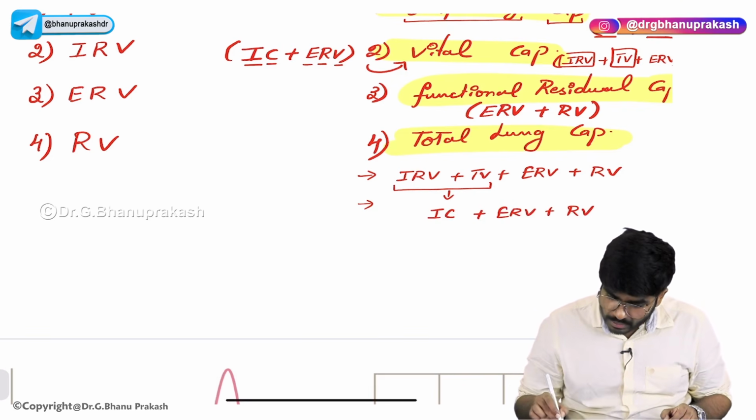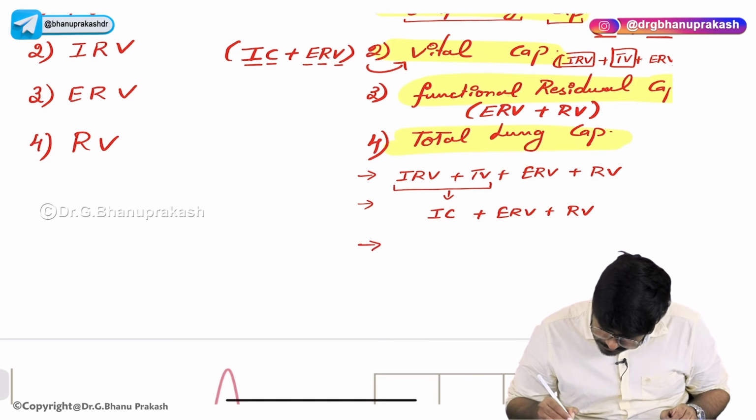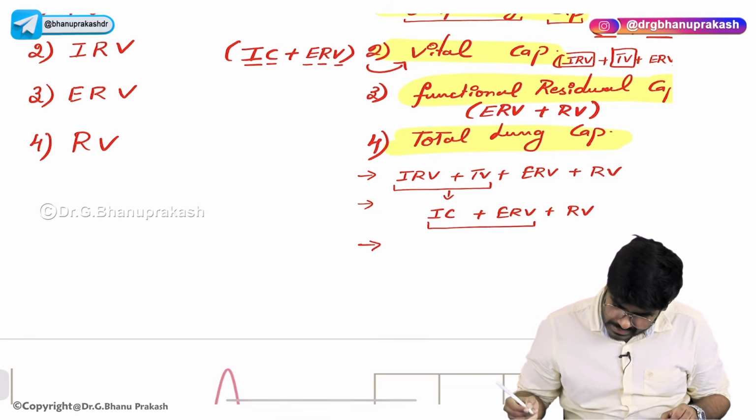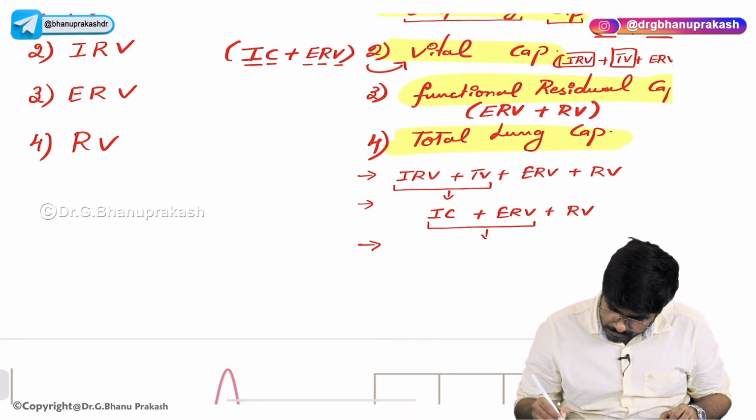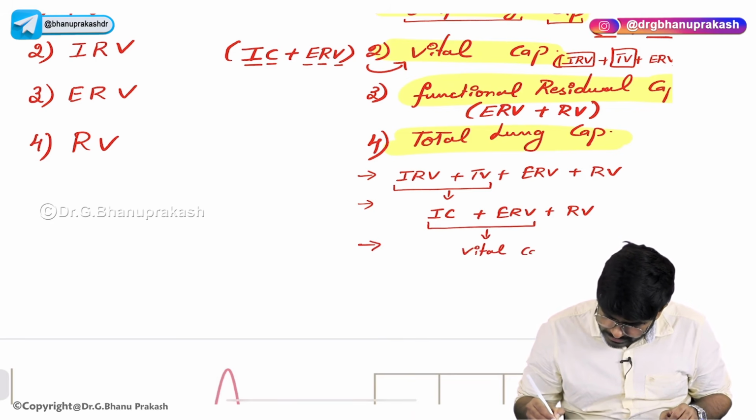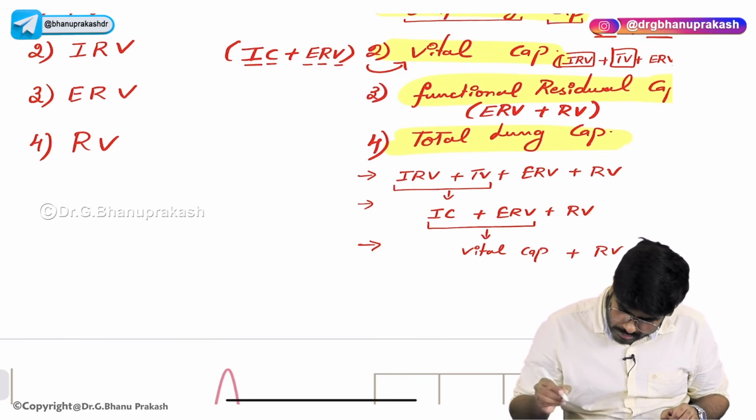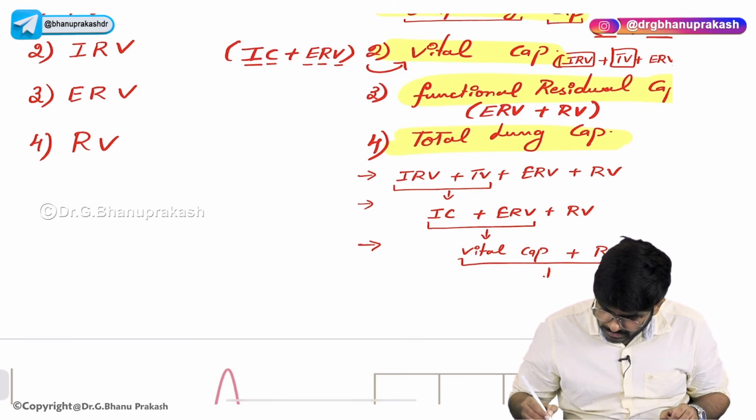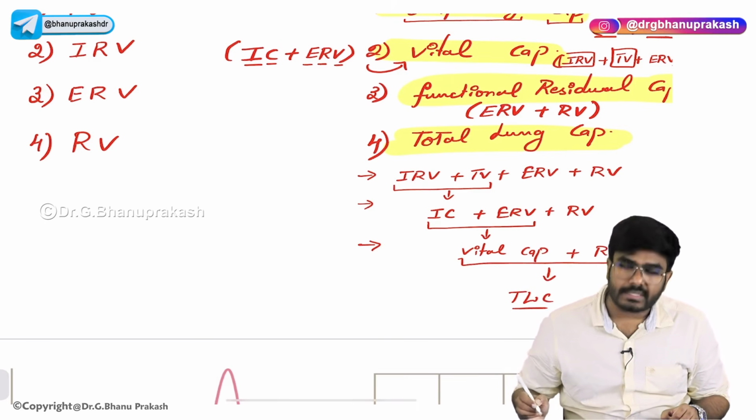Or one more: inspiratory capacity plus expiratory reserve volume gives you vital capacity, so vital capacity plus residual volume will also give you total lung capacity.